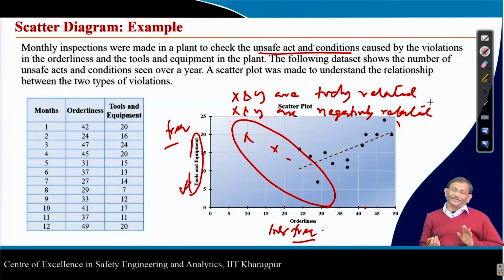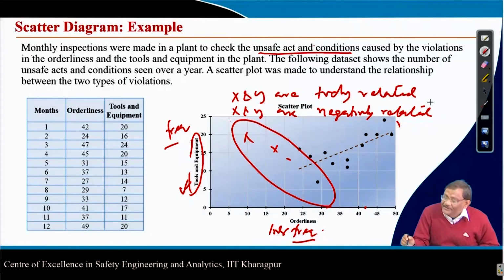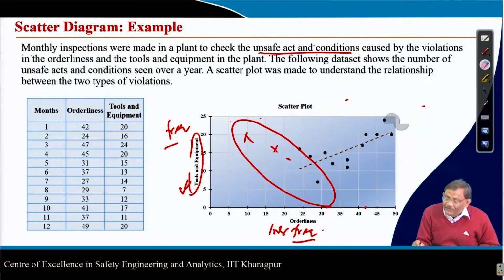So the purpose of the scatter diagram is just to know this kind of thing: how the two variables are varying, or co-varying, a better word, together. Is it positively or negatively related? The scatter diagram is the first thing we have to do if we are going to do any kind of regression modeling.